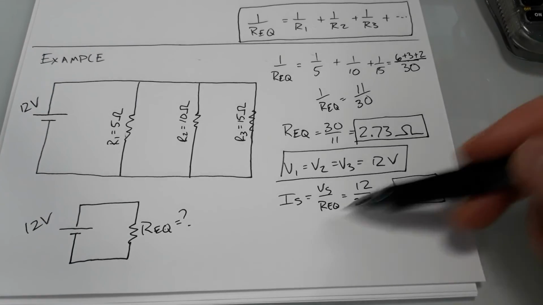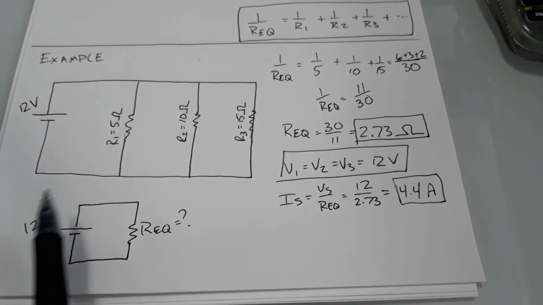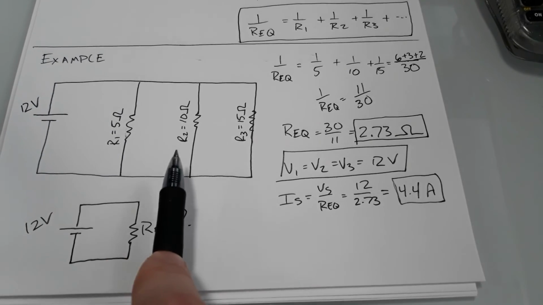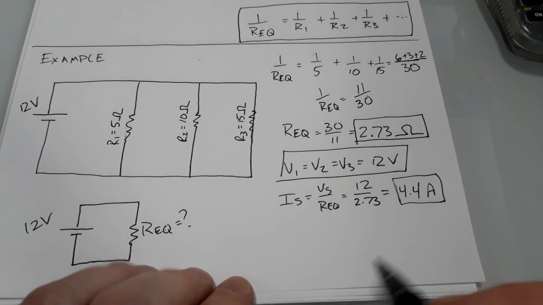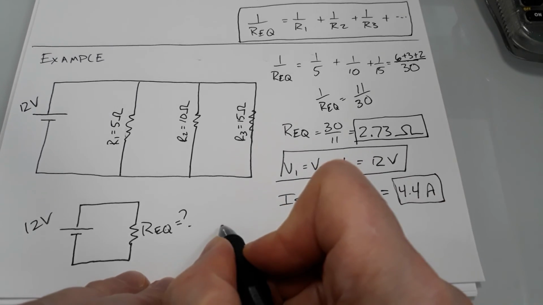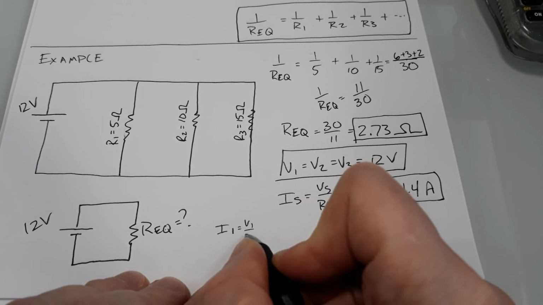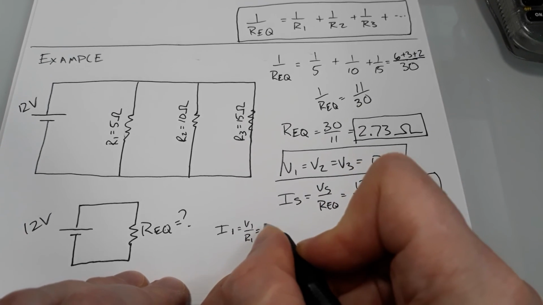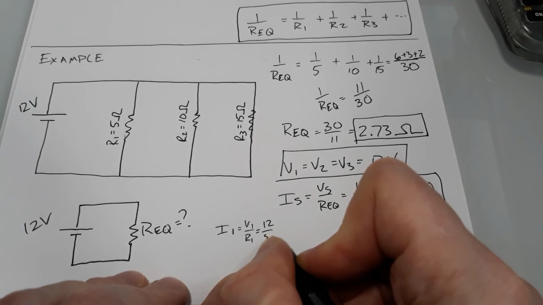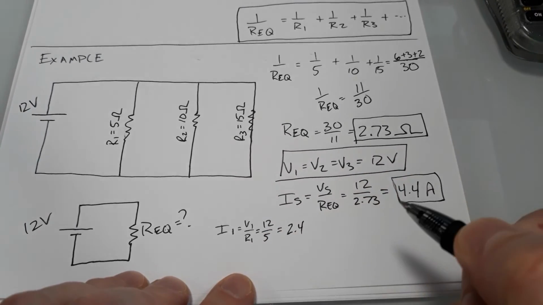So at this point, we have almost everything. There's really only one thing left for us to figure out, and that is, what were the individual currents that went down each of the three branches? So let's go ahead and calculate that real quickly. I1 would be equal to V1 over R1, and that would be equal to 12 over 5, and that is going to be 2.4.